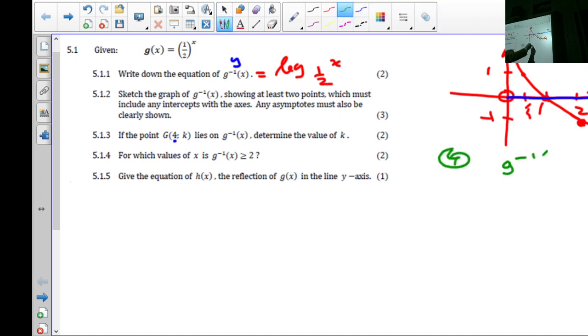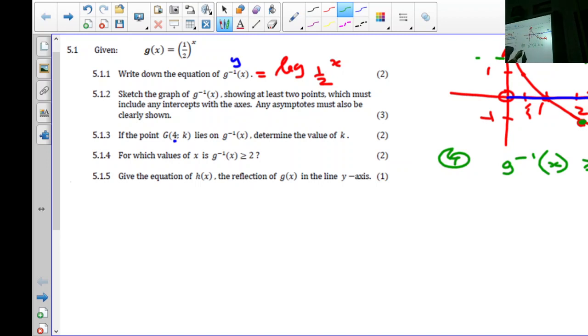The inverse function, that's the one that is drawn there on the board. So we need to first see where y is equal to 2. Remember that y is equal to negative 1 is the asymptote. So we don't have 2 on the graph, but 2 would lie here somewhere.